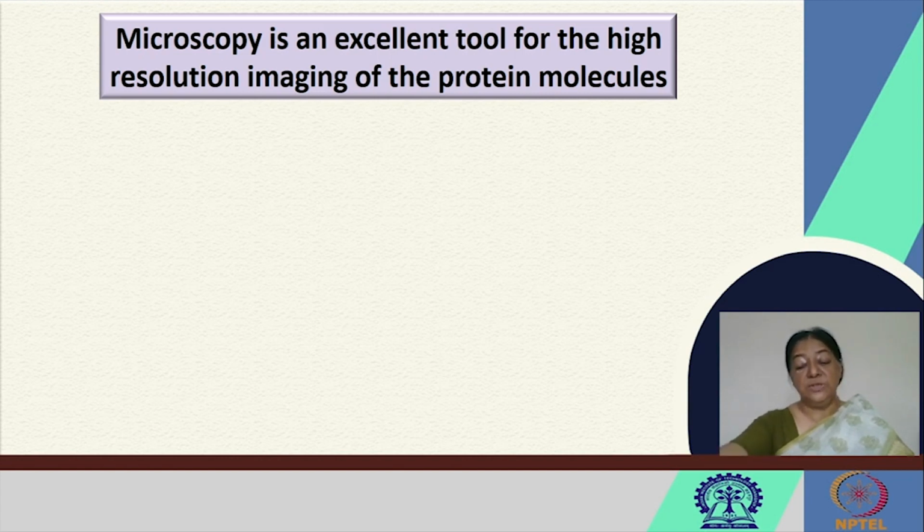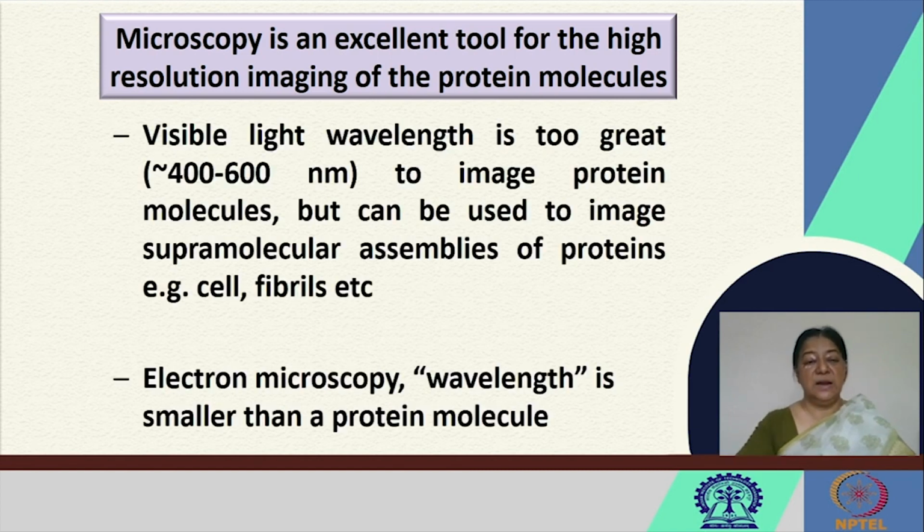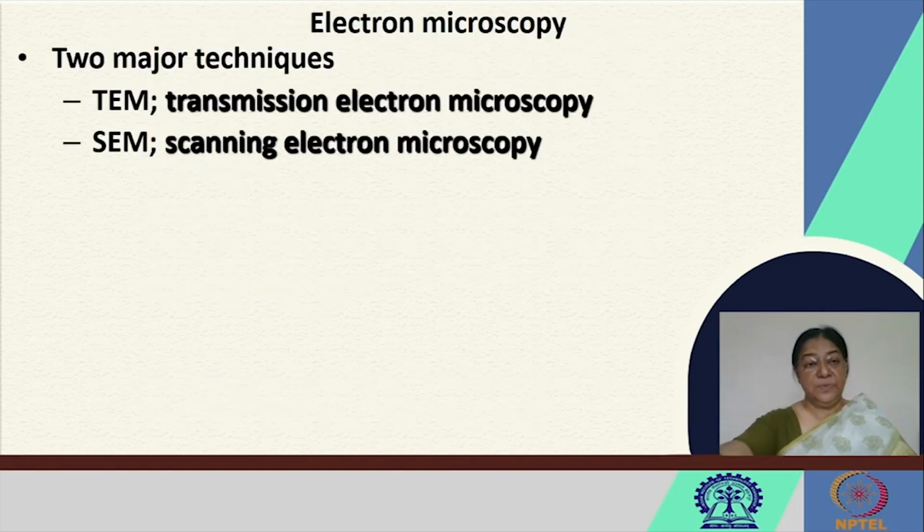We will not go into the techniques of cryo-electron microscopy, but nevertheless, we can use microscopic techniques to look at supramolecular assemblies of proteins in the cell or fibrils that are important components of disease.